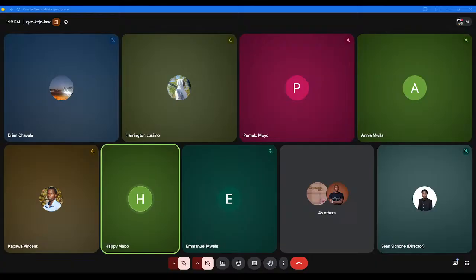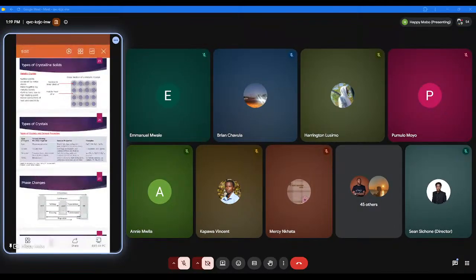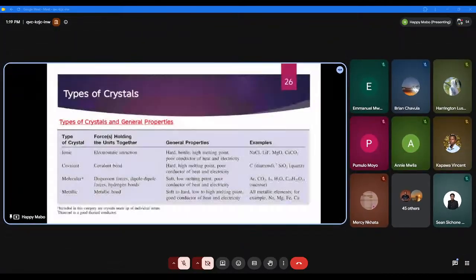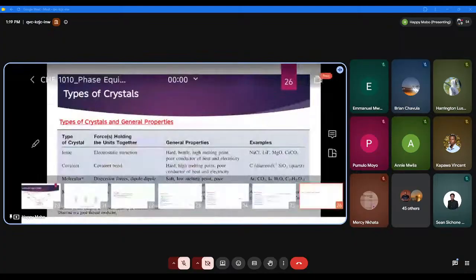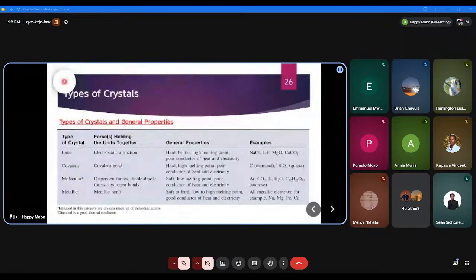Let me put this up again. Yeah, so it keeps doing that, and as a result, when you try to display it, it's refusing.